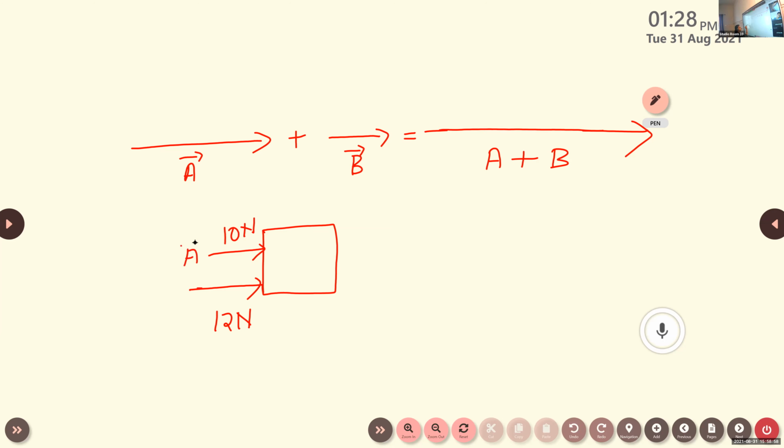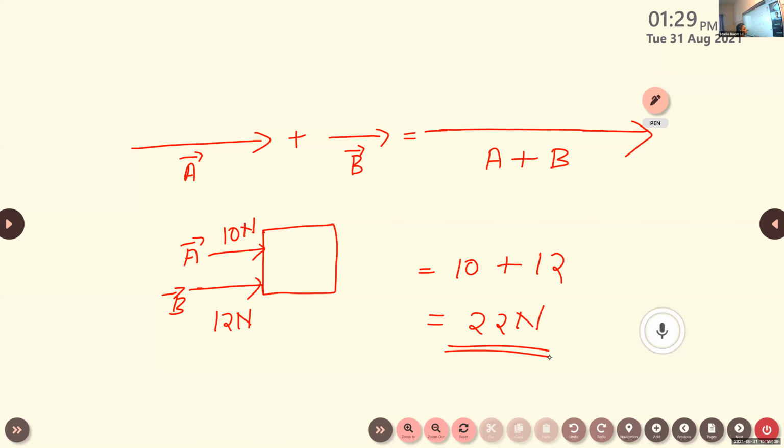This represents vector A and this represents vector B. Vector A is 10 Newton, vector B is 12 Newton. So what about the resultant force acting on this wooden block? It is 22 Newton. The resultant force is equal to 10 plus 12, that is 22 Newton. So this is a simple vector addition. If the two vectors are acting along the same direction, the resultant vector is the sum of the magnitudes of the two vectors.